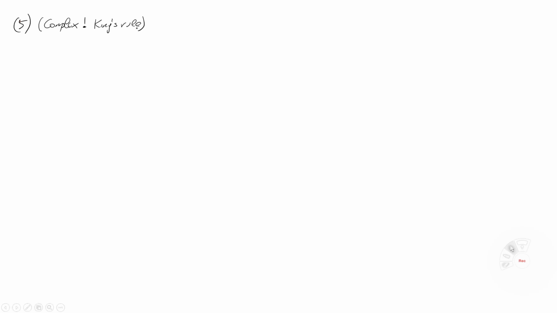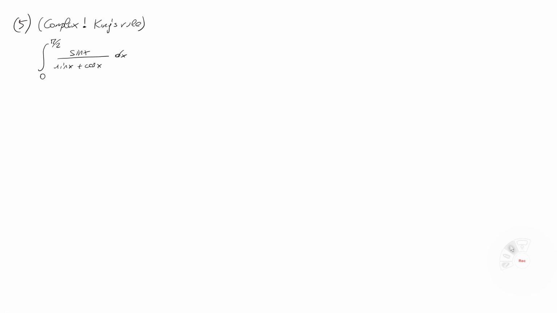And just to show you that sometimes these simple rules can give you a lot of power when you try to compute something, let's try to compute the integral 0 to pi over 2 of sine x divided by sine x plus cosine x dx.